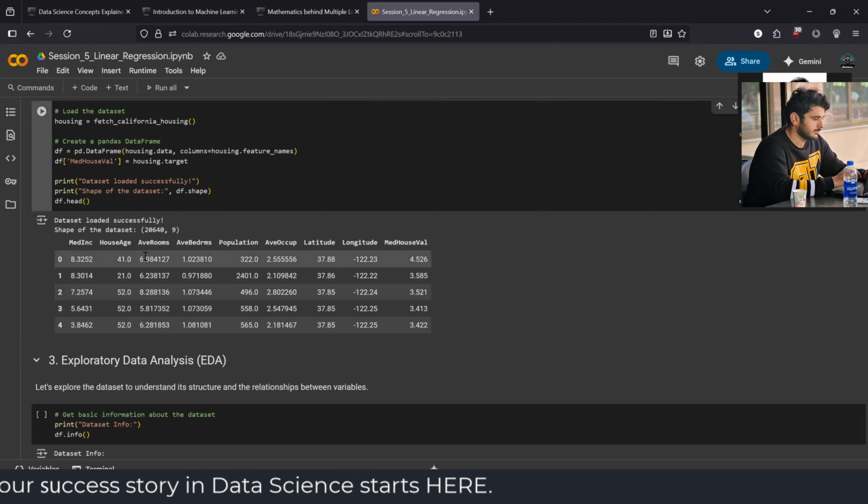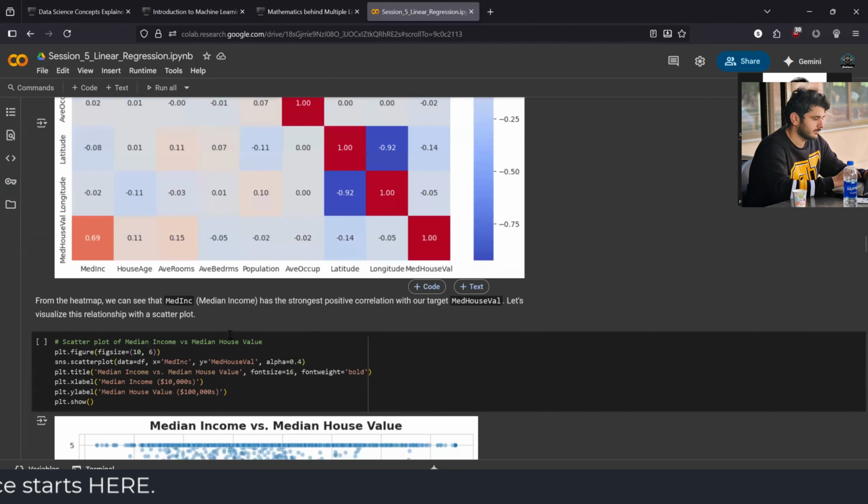It means if there are more rooms, it will reduce the price. Got it? Now, this might not make sense in that particular example, but this is actually what a negative coefficient means. Got it? Yes.